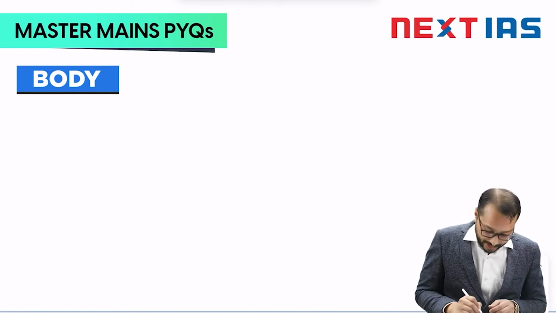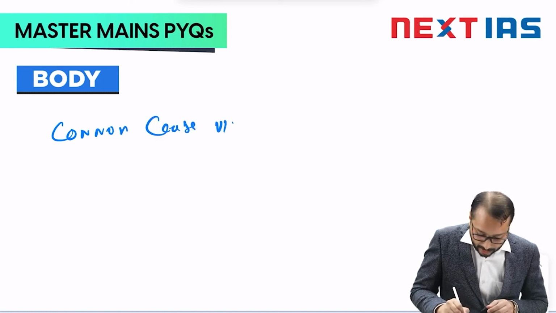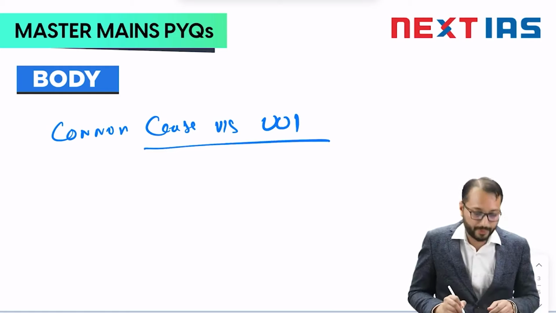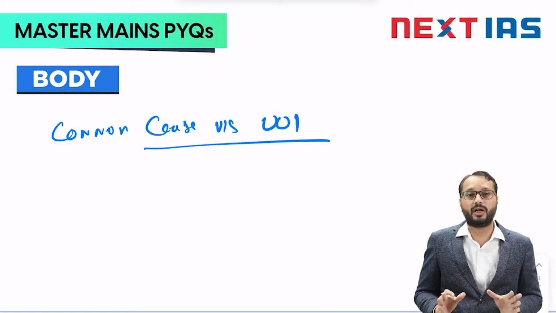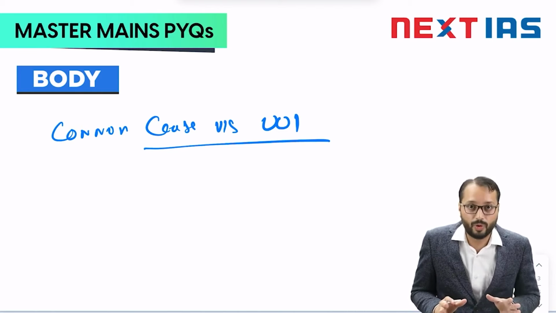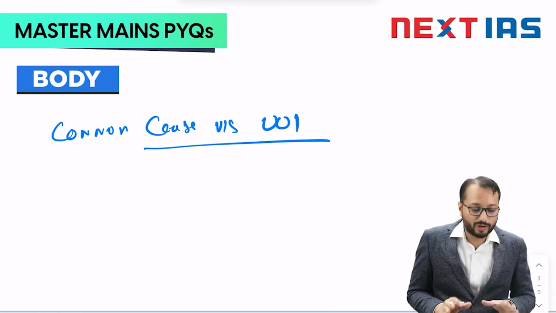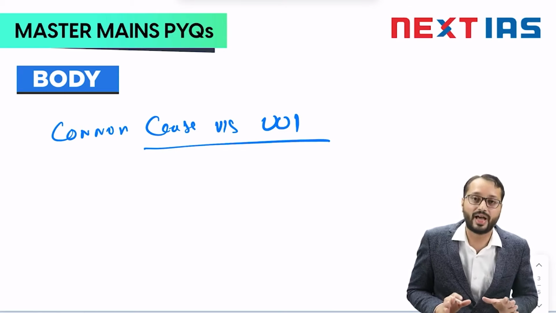The next important judgment that we can quote is Common Cause versus Union of India. In this judgment, the Supreme Court accepted that right to life also includes a person's right to die with dignity.